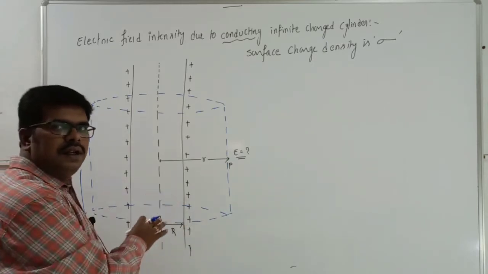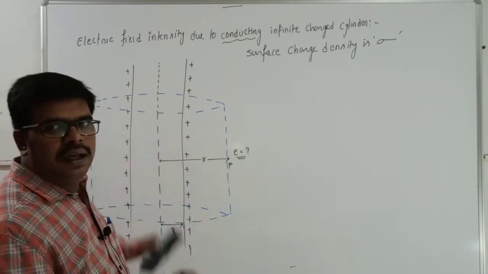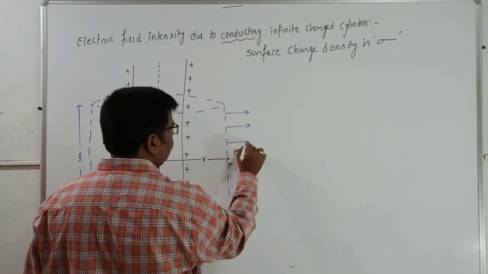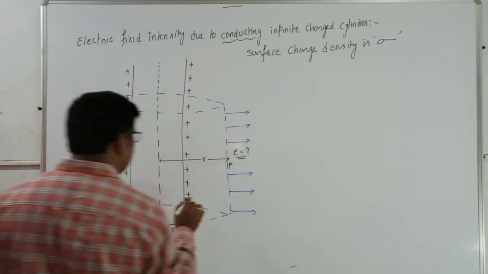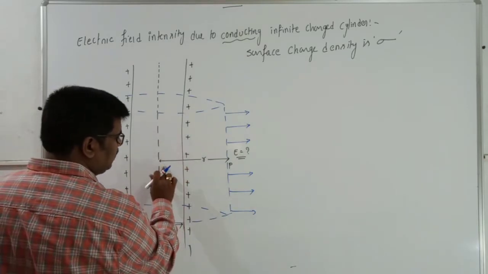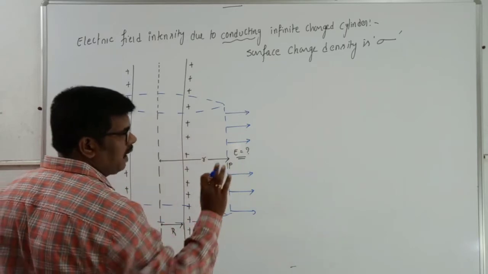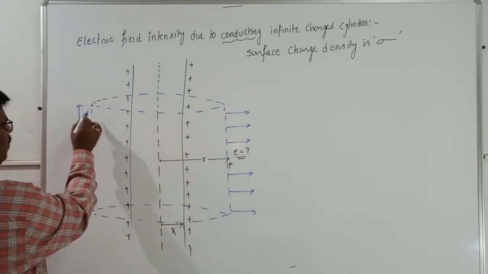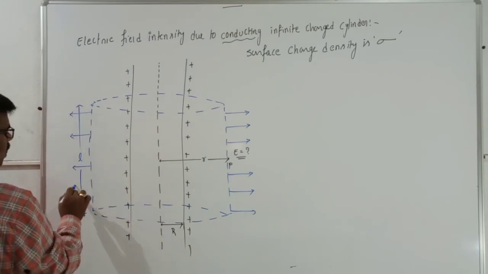Due to this cylinder, the electric field intensity is radially outwards in all directions. This electric field intensity is E. Because at the same distance r, the electric field intensity at every point is the same in magnitude, and its direction is radially outwards.